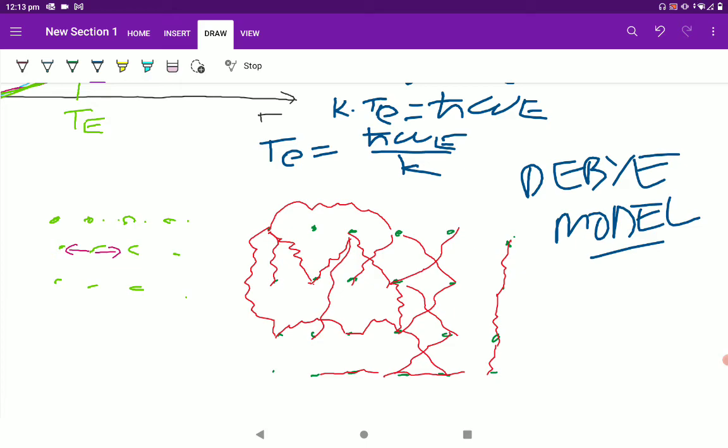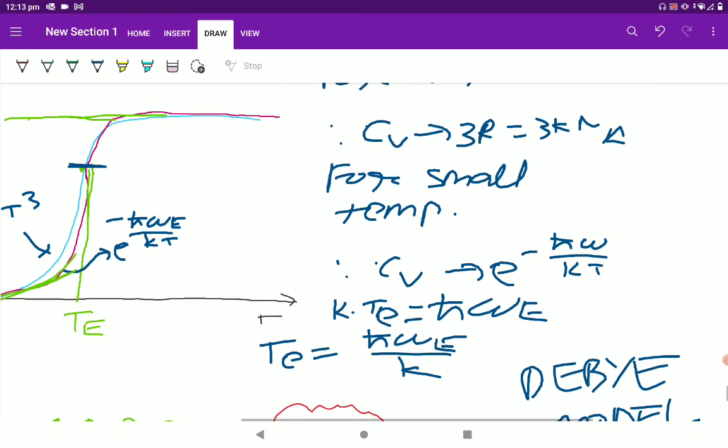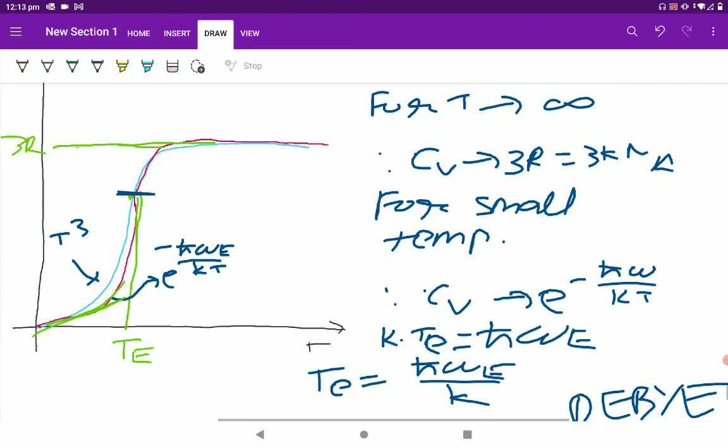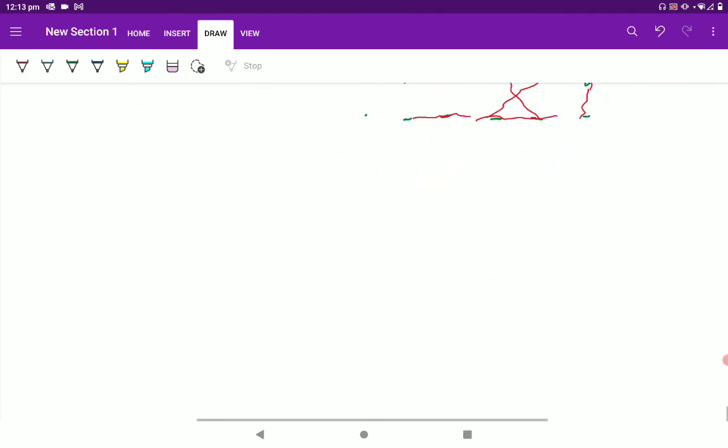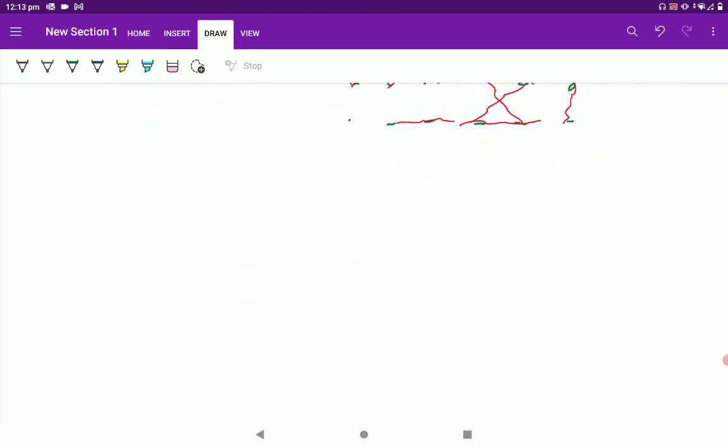Why is the specific heat CV 0 and then goes to some value, which is the classical value? Basically, we have quantum oscillators, and imagine this graph of the quantum oscillators in this fashion.